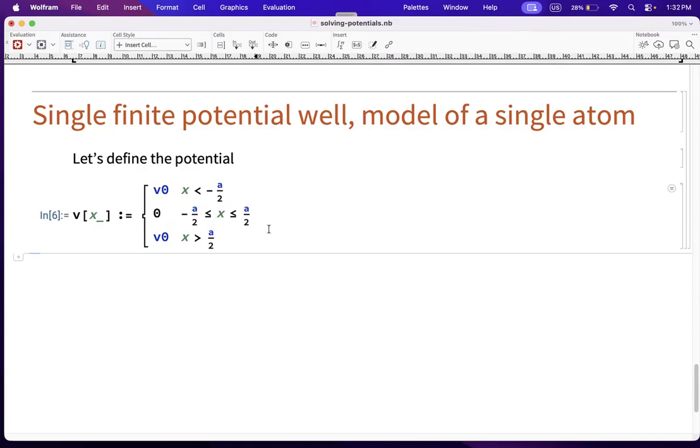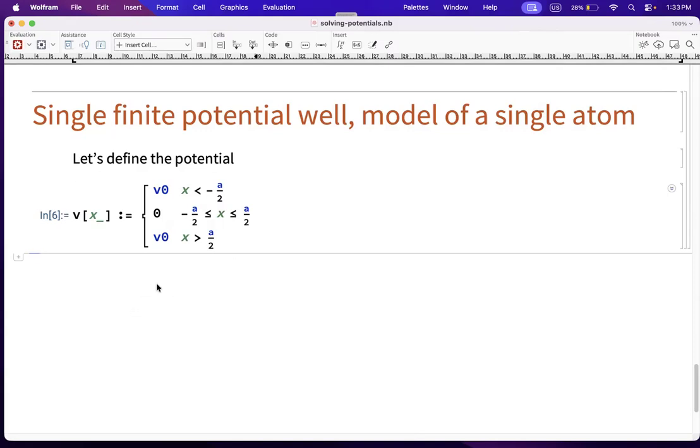So the equation will read like this. Very simple now: minus 1 over 2, second derivative of phi with respect to x, d x squared, plus V of x times phi of x, equal to E times phi of x. That is the equation we have to solve. So let's first define the potential.